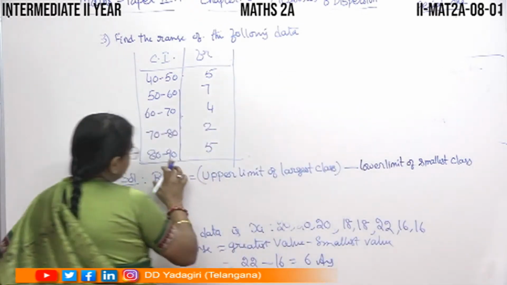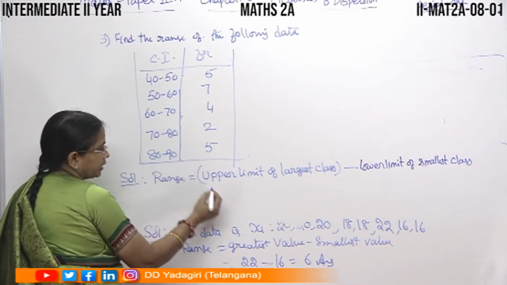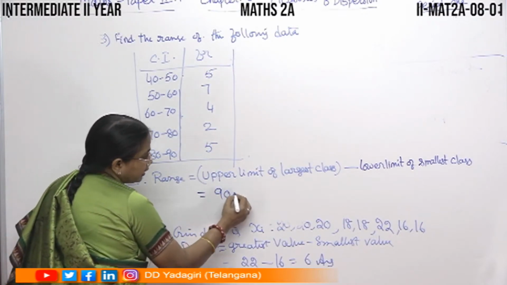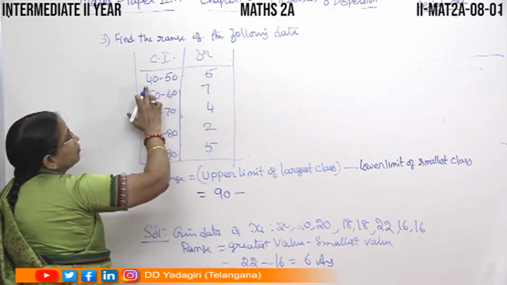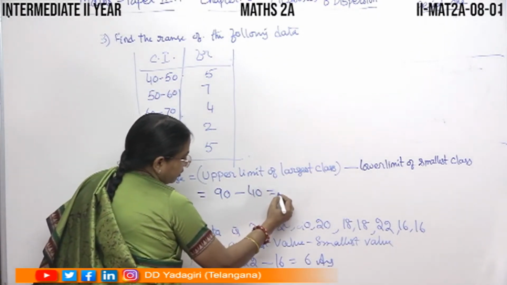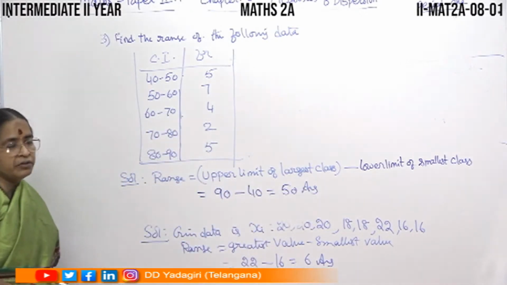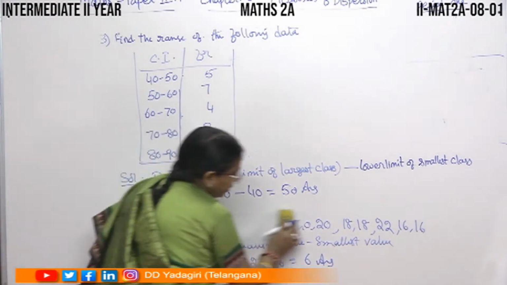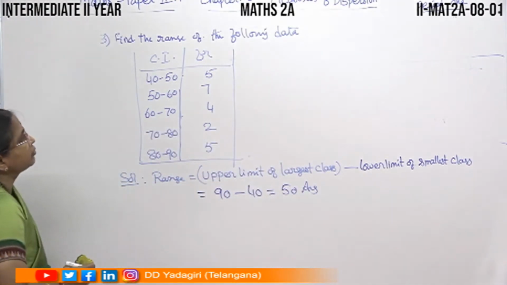This is the largest class, 80 to 90. What is the upper limit? 90. So 90 minus the lower limit of the smallest class. This is the smallest class. What is the lower limit? 40. So 90 minus 40 is 50. That's all. So this is how you find the range for these 3 kinds of data given.